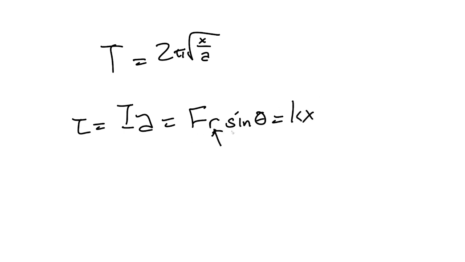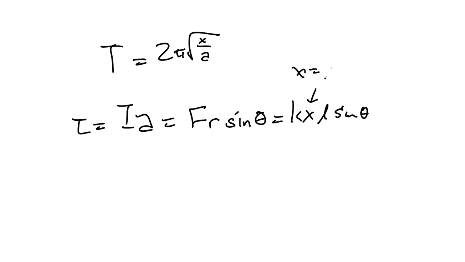Remember that our r is just going to be our L, right? And so something really important pops up, right? So we have our F r sine theta times our L, and our displacement here is actually going to be L.